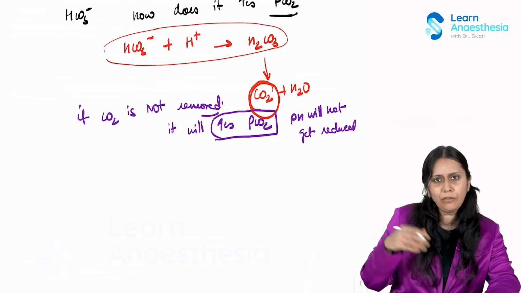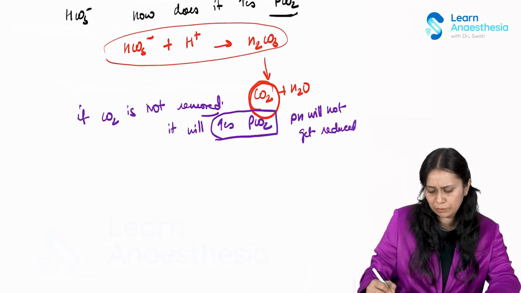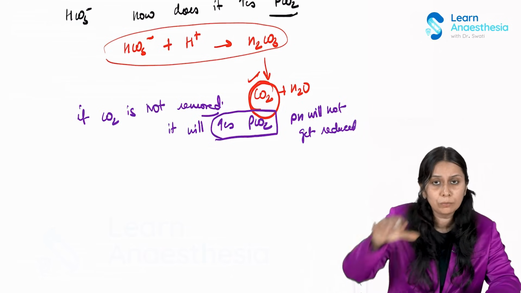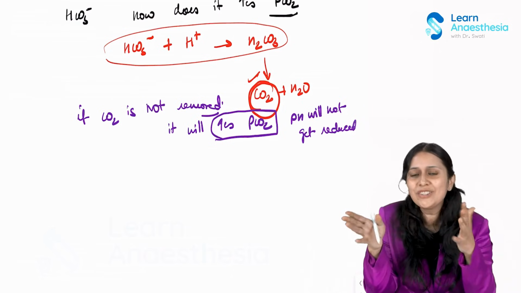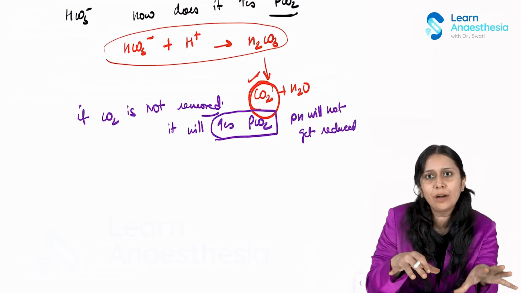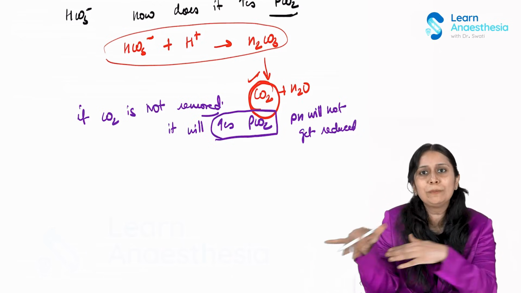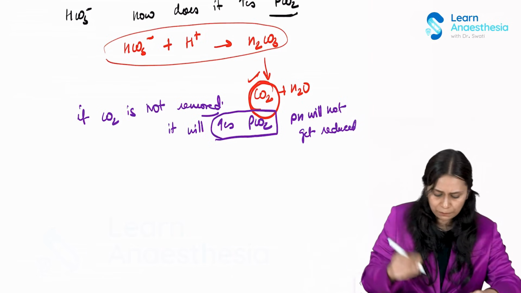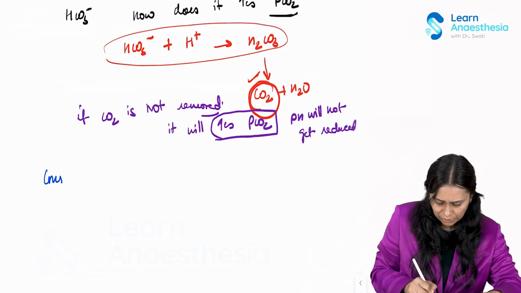Now, apart from managing the ventilation by removing the carbon dioxide, adequate perfusion should be restored as soon as possible, because exchange will not happen unless blood is carrying that CO2 from the tissue and the capillary bed to the pulmonary capillaries. So restore the perfusion.